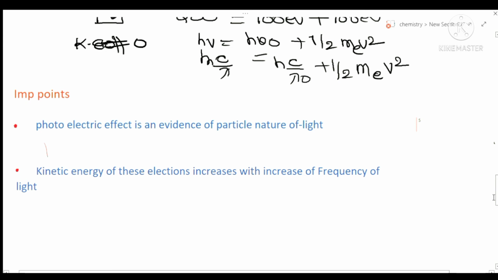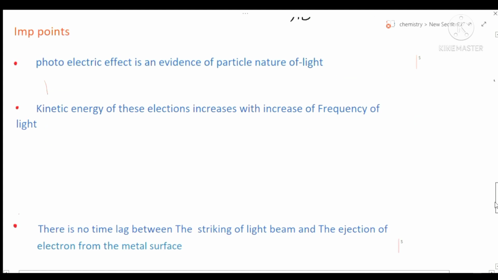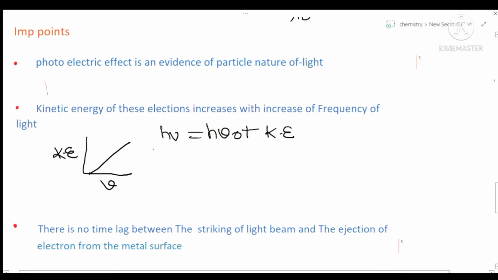Next, the kinetic energy of the electron increases with an increase in the frequency of the light. For example, if you observe the graph of kinetic energy versus frequency, when the frequency is increasing, the kinetic energy is also increasing. You can see that h mu is equal to h mu naught plus kinetic energy.